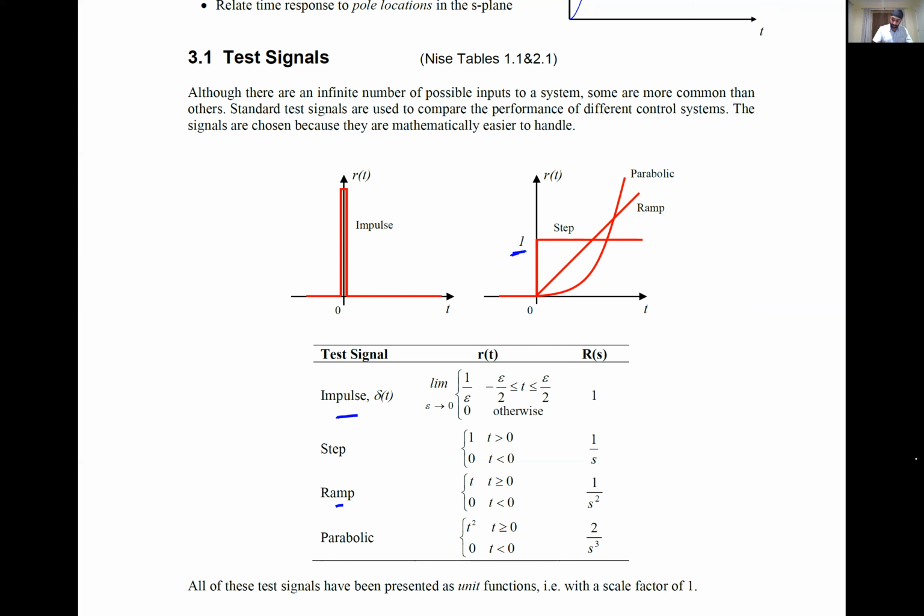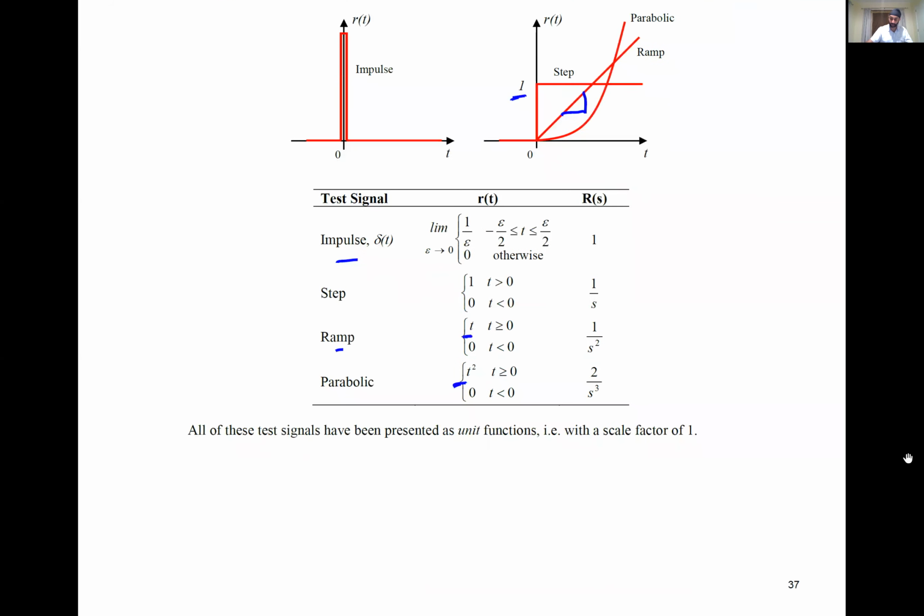For a ramp input, the unit ramp is when the input is t, with a coefficient of 1, so the slope of the ramp function is 1. The unit parabolic function is t squared, with a coefficient of 1. And we have looked at the different Laplace transforms corresponding to these.